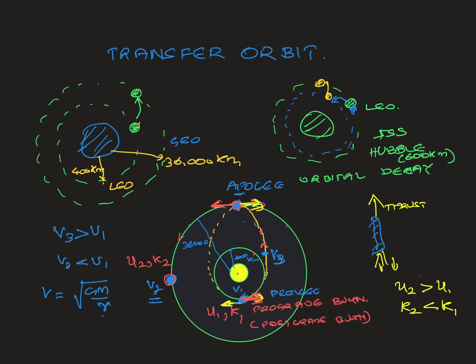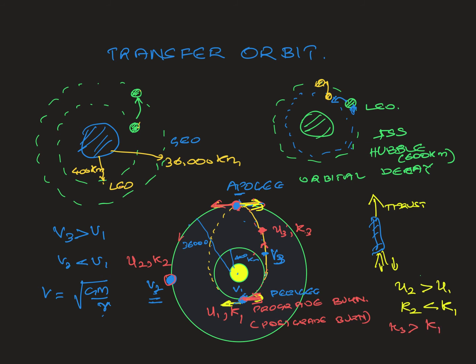But let's take another point somewhere here. Here we have, say, U3 and K3. How do we compare U3, K3 and U1, K1? The kinetic energy here, K3, is greater than K1. Why?